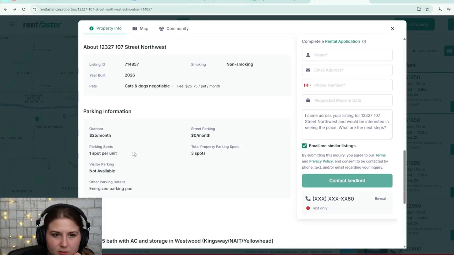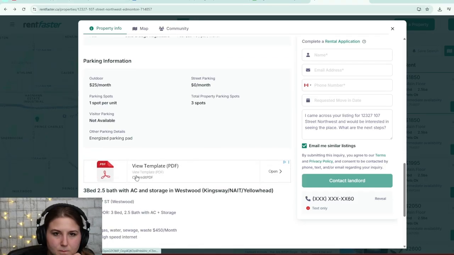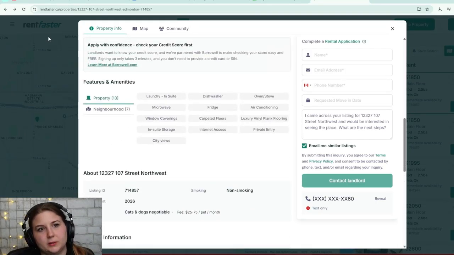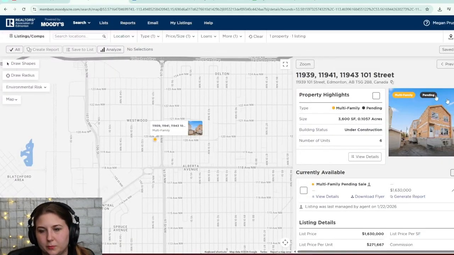Are utilities included? 1 spot per unit. 3 bed, 2.5 bath, AC. And then they're doing utilities on top. Okay, so that would be the same, because if we were to buy this property, the tenants would pay rent plus their own utilities on top, since they all have their own meters.